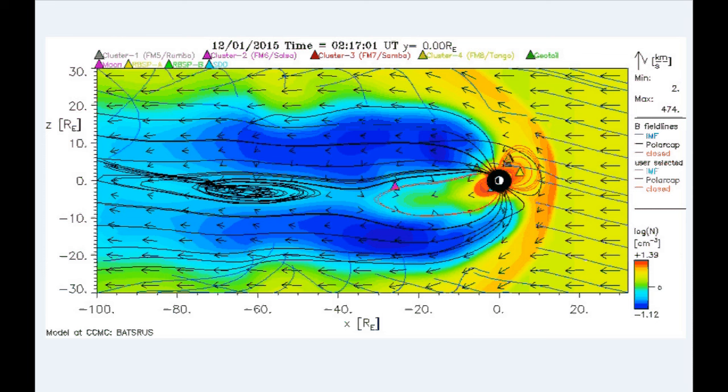Because now I would like to show you the reaction of the magnetosphere to the morning shift of IMF orientation in the SWMF plus RCM simulation.